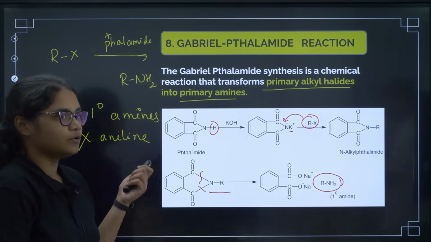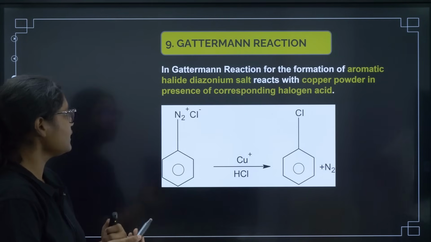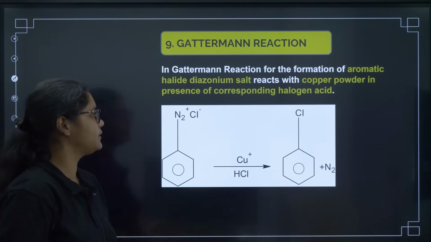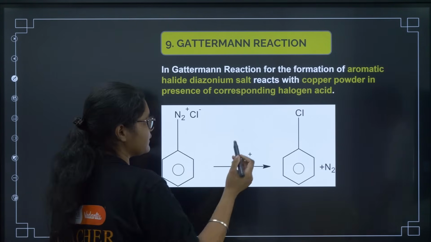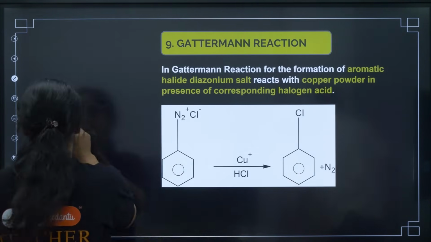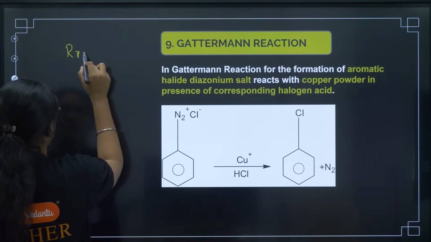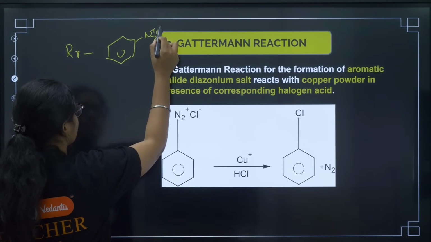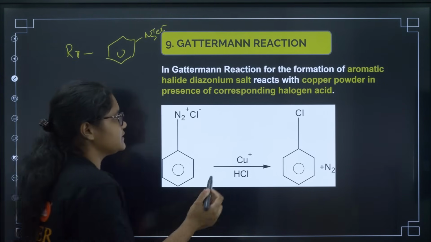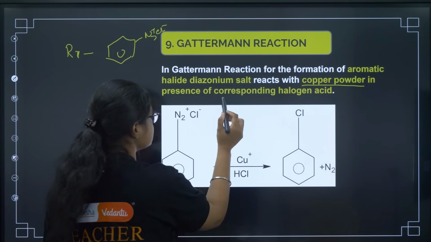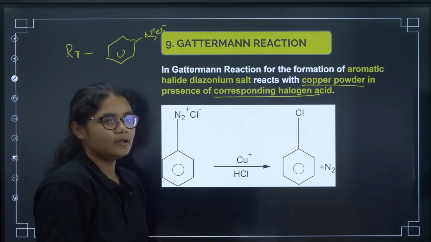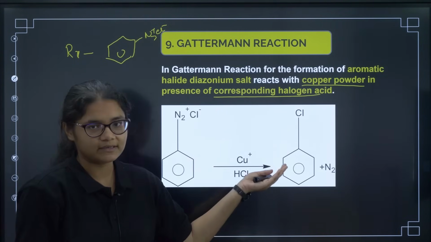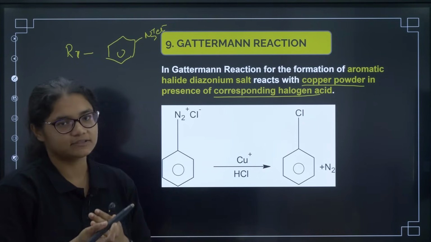Next is Gattermann reaction, again an important name reaction. Here the reactant is benzene diazonium chloride. And for reagent, it is copper powder in presence of the corresponding halogen acid. Suppose you want to prepare chlorobenzene, then you have to take copper with HCl.